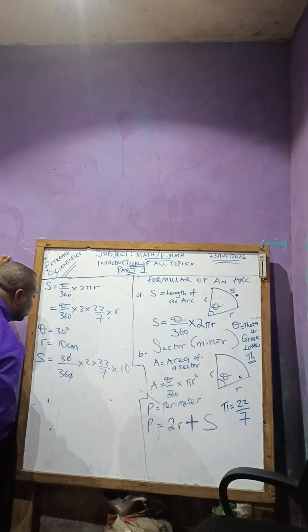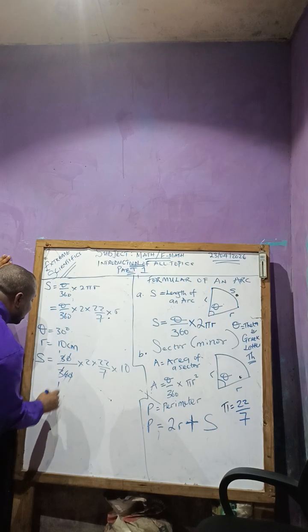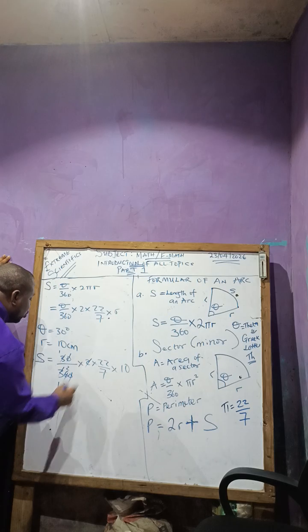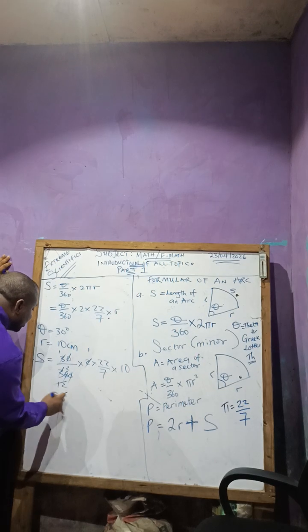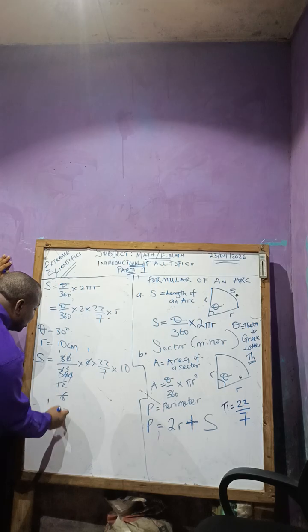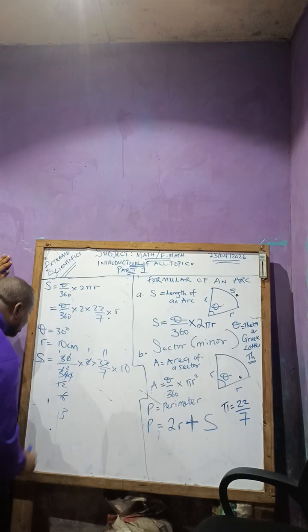0 cancels 0. 3 into 30 goes 10, 3 into 3 goes 1, 3 into 36 goes 12. 2 into 12 goes 6, 2 into 22 goes 11. So what will remain?